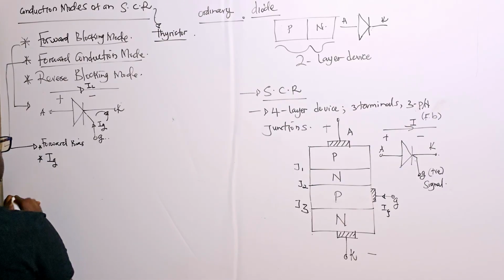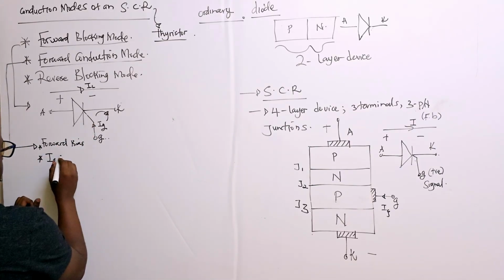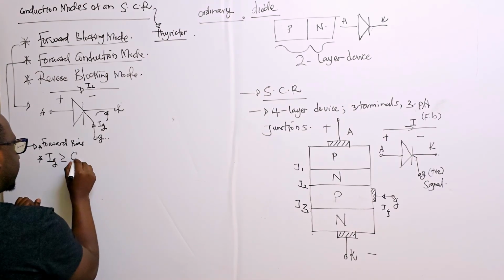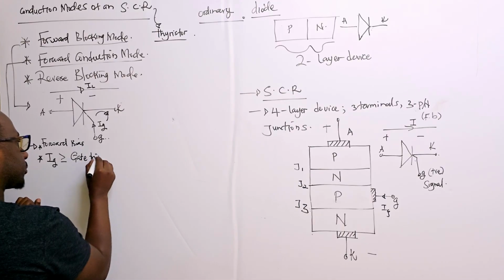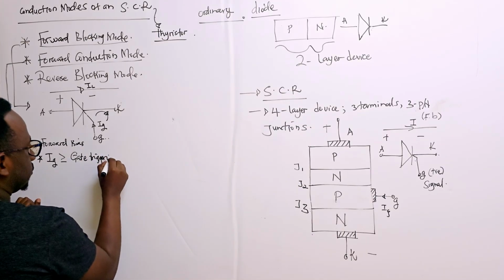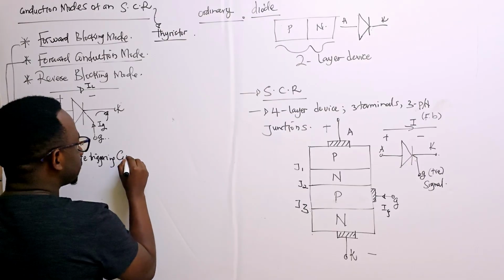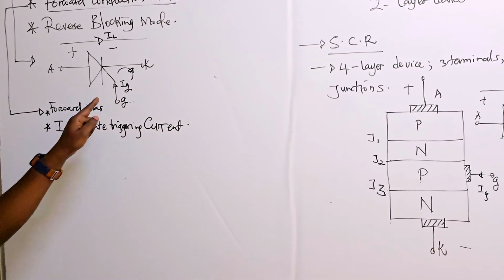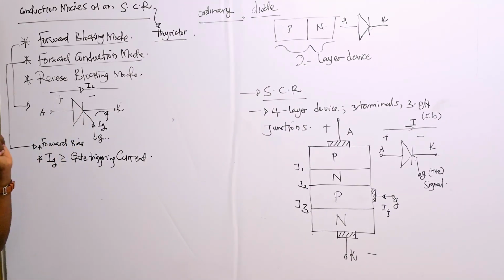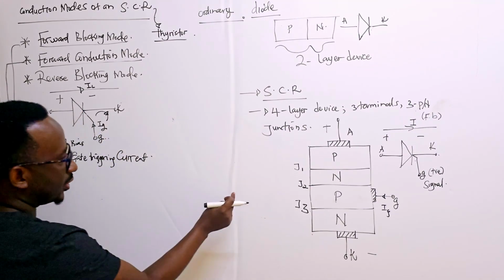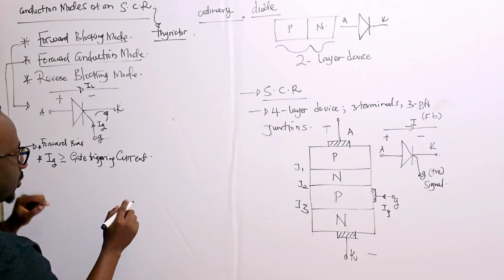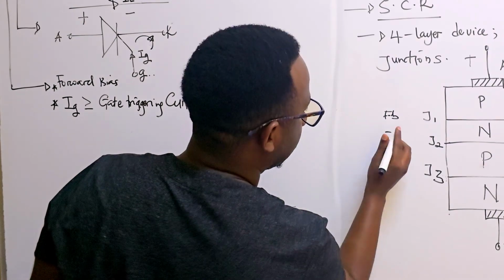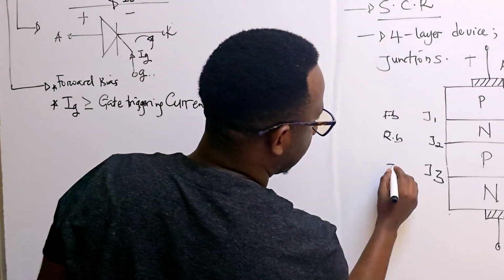Now let's just focus on the gate current. IG must be greater or equal to the gate triggering current. So we must have a gate current that is just enough. Remember, in the forward blocking mode, we had forward biased, reverse biased, then forward biased.